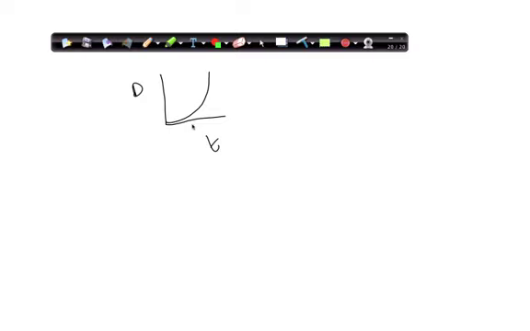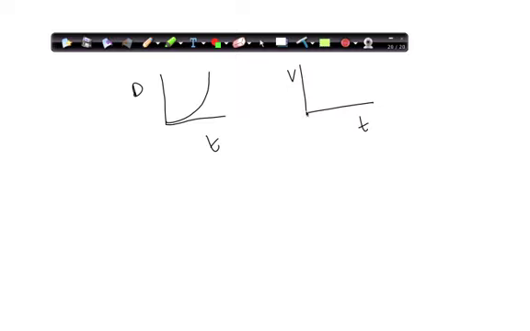So since I don't have a linear line, I cannot say that I have a constant velocity. So my velocity is changing. Since my slope here is constantly changing, I can see that it's increasing steadily.